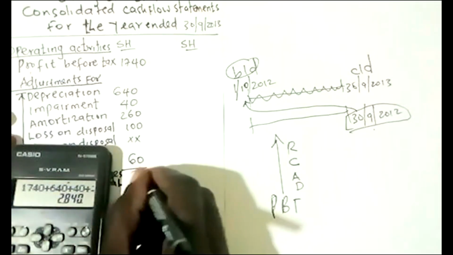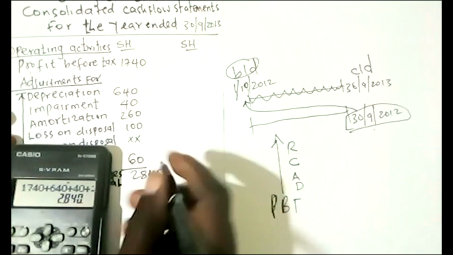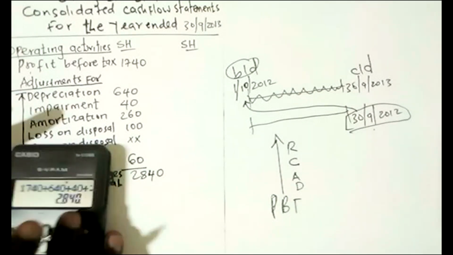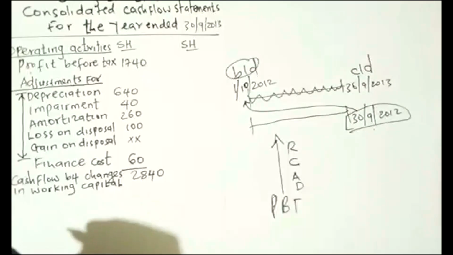Are you getting 2840? Do you get that? That is okay. Then changes in working capital.